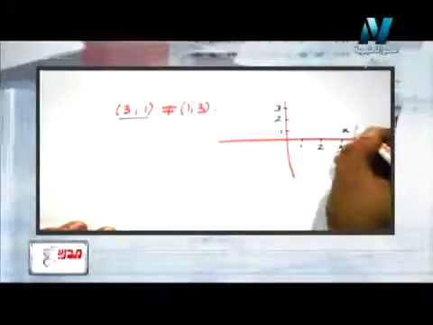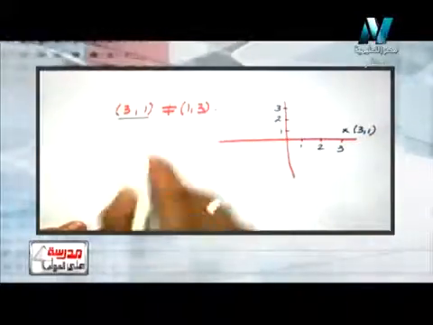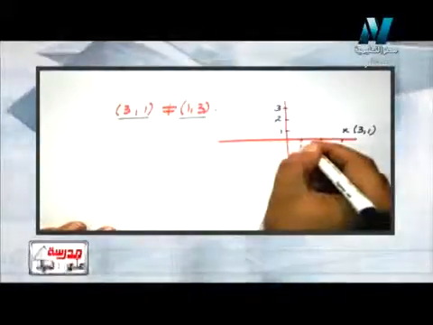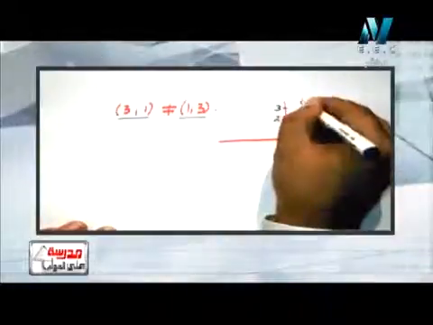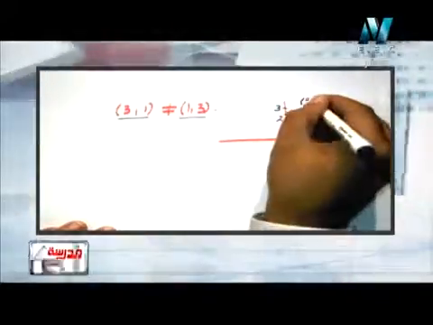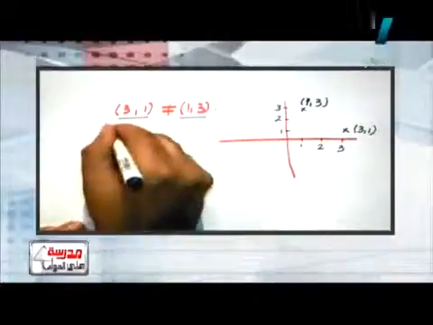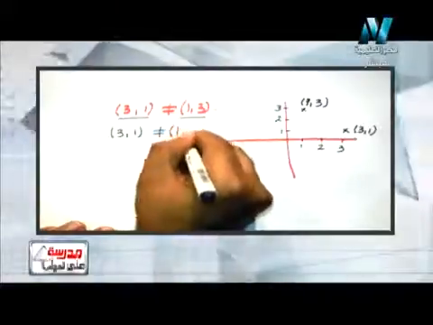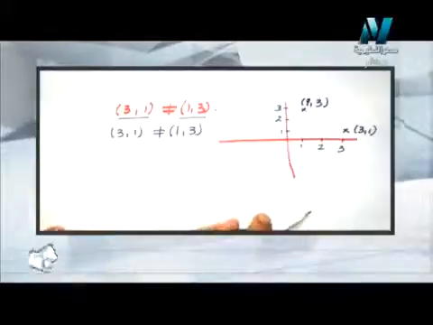What about the second ordered pair, (1, 3)? 1 and move up 3 units. We have different positions, so we say (3, 1) is not equal to (1, 3), because here we have two different positions.